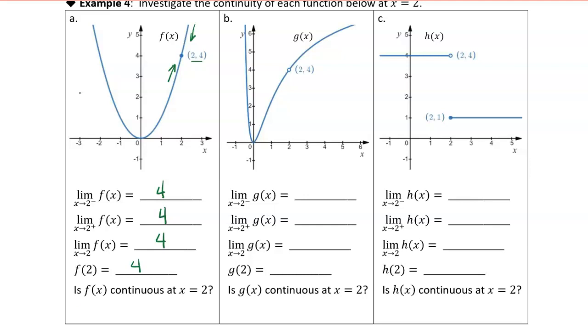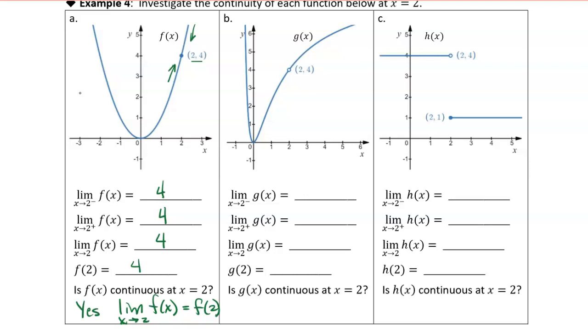So I can say, yes, this function is continuous at 2. And the reason is that the limit as x approaches 2 of f of x is equal to f of 2. Okay, so it's continuous at 2.